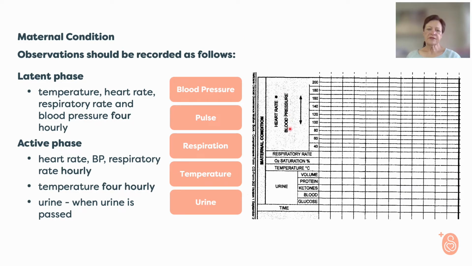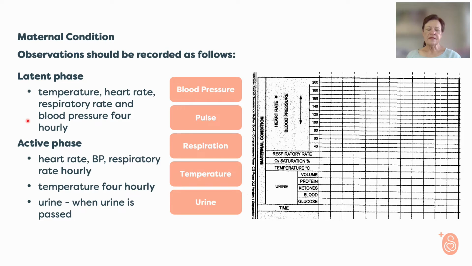When we look at the maternal conditions, and here you can see again a little bit of an enlargement of the maternal conditions, we look at the blood pressure, the maternal pulse, the respiration, the temperature, and the urine. And there are places for them all to be recorded, which I will come into in more detail and depth just now.